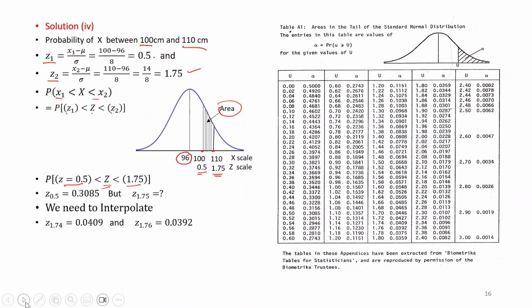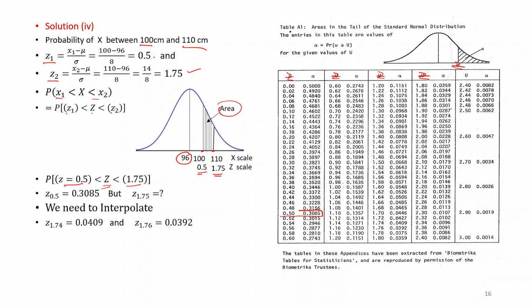So one is Z greater than 0.5. The other side is Z less than 1.75. So for Z greater than 0.5, we go to this table again, and we find from 0.5 this is the value.